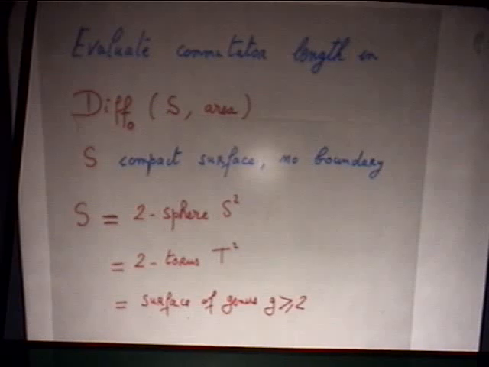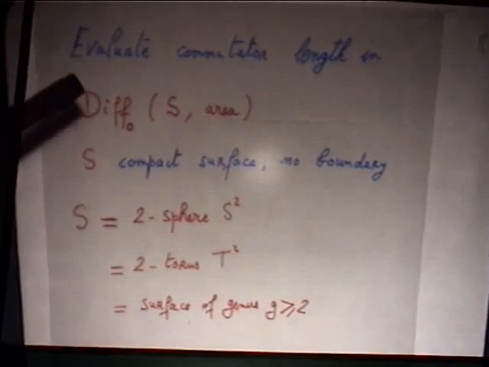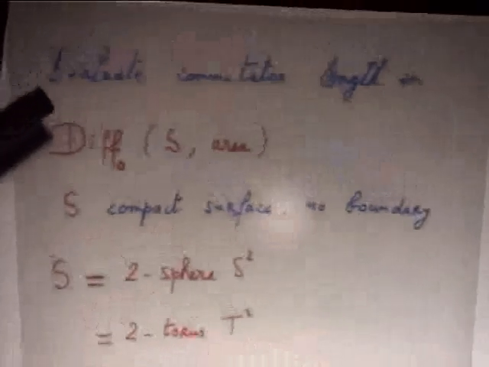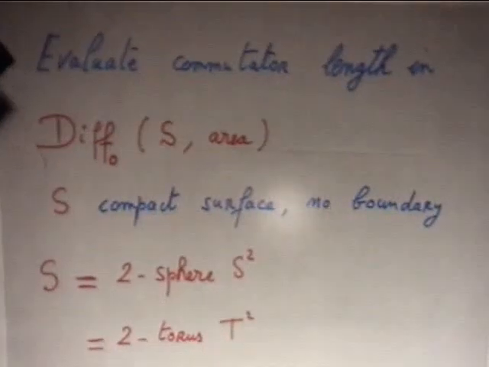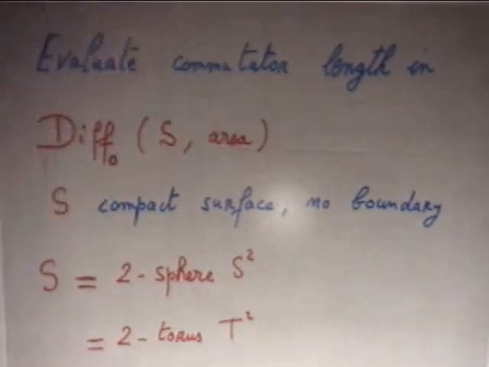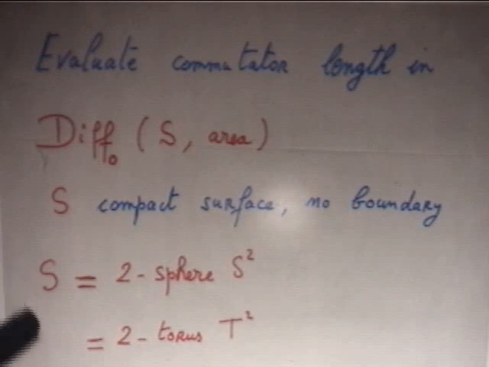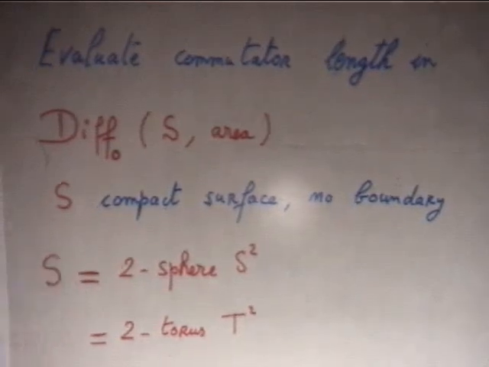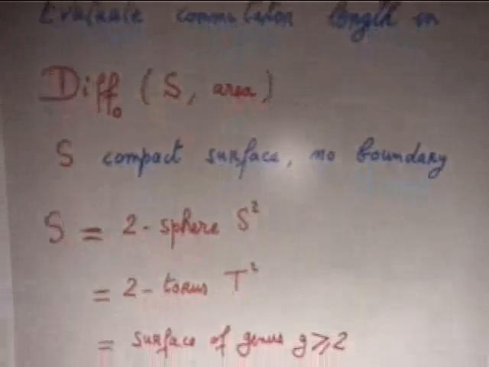So this little 0 here means connected component of the identity. So I will try to restrict myself to diffeomorphisms of a compact orientable surface S isotopic to the identity and preserving some area form fixed once for all. And I will discuss the three possibilities. One is the surface could be a two-sphere.